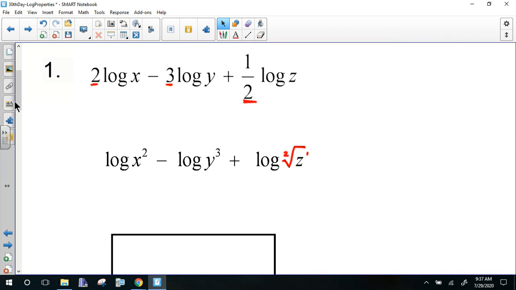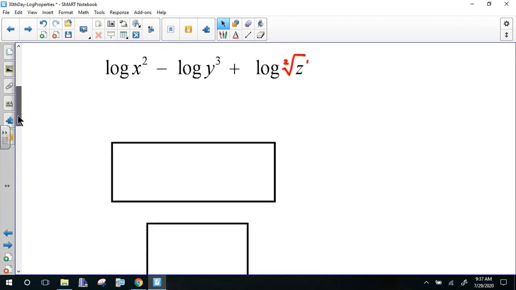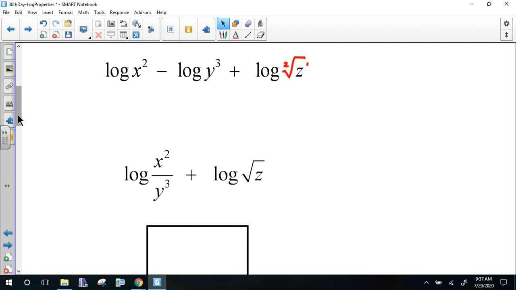Now I can get rid of the subtraction and the addition. It's best to go left to right and do whichever one comes first. So I'll take care of the subtraction by dividing. Take care of the subtraction by making a fraction.